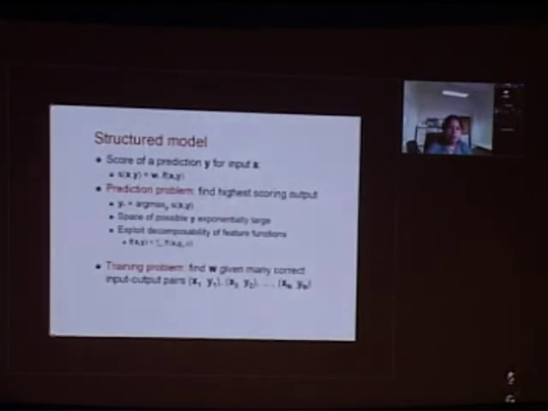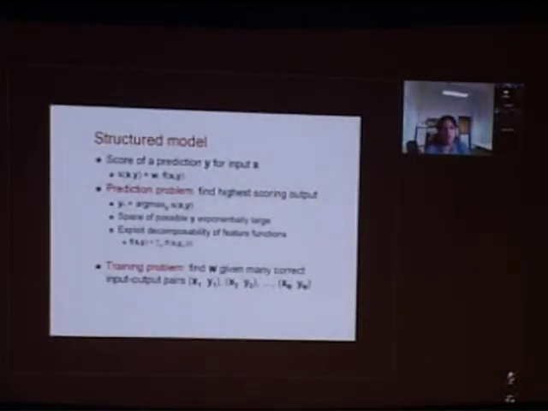And then corresponding to these K feature functions, we have these K parameters, and this way we define a score over X and Y, which is just the dot product of these parameters with the feature vector. So W is a vector of length K, capital F is a vector of length K, and that gives you this single scalar score, coupling X and Y. Once you have a score, now you can define your prediction problem as that of finding a Y star for which the score is maximized.